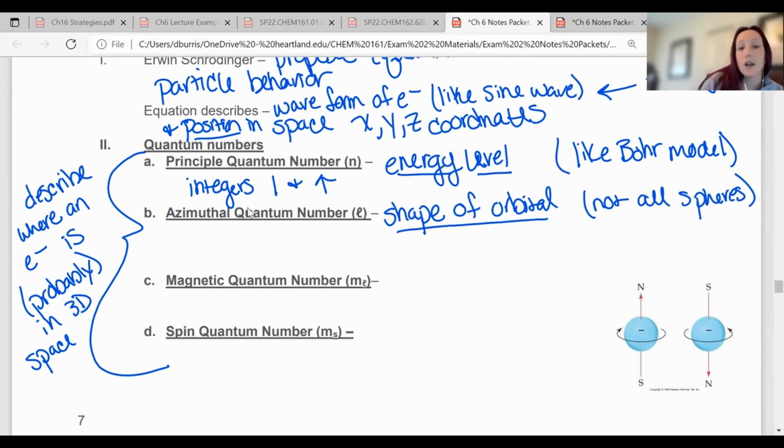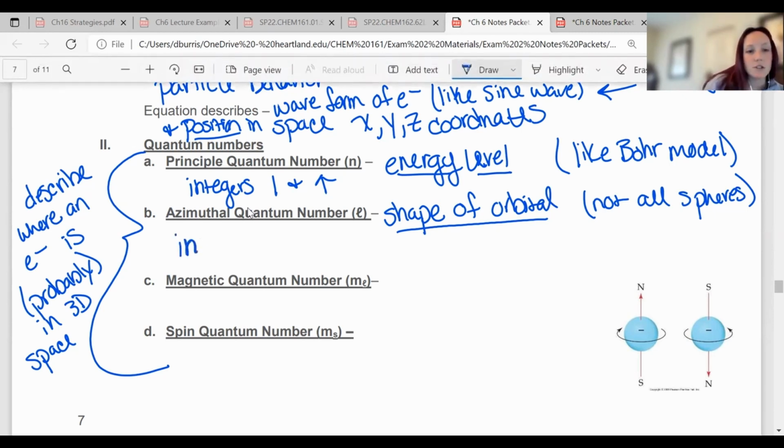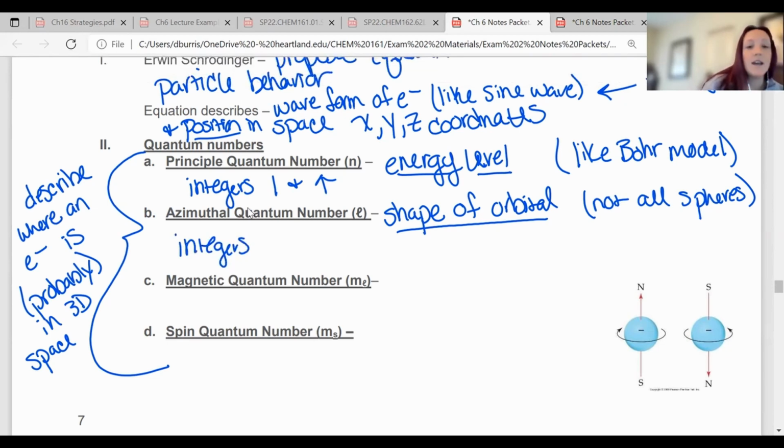These are not 1 through 7 or whatever, but they're still integers. For each energy level, they go from 0 to n minus 1. So if we're in energy level 2, for example, if n is 2, then the possible azimuthal quantum numbers would be 0 and 1, because I can only go from 0 to n minus 1.